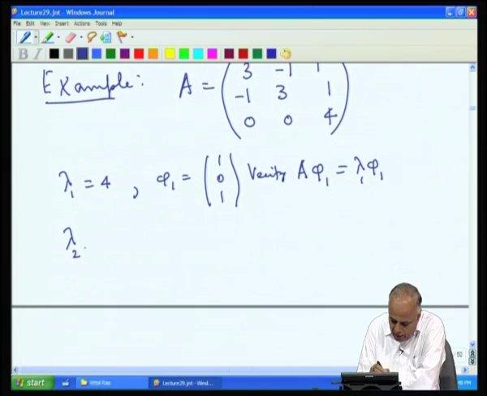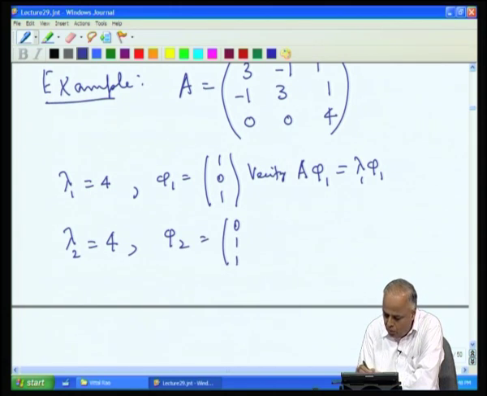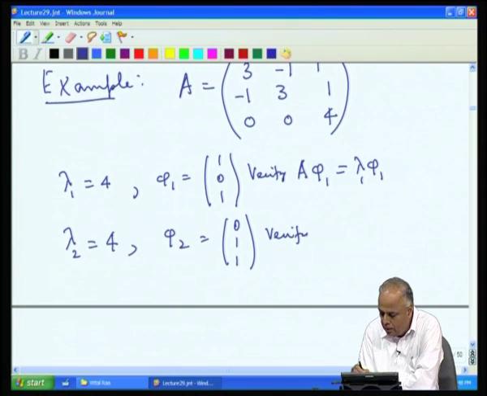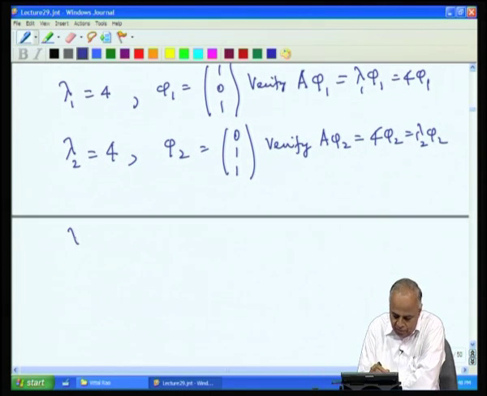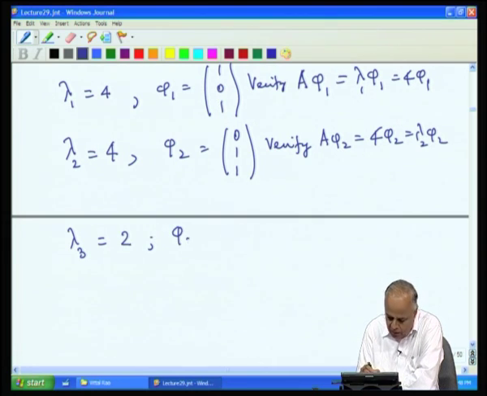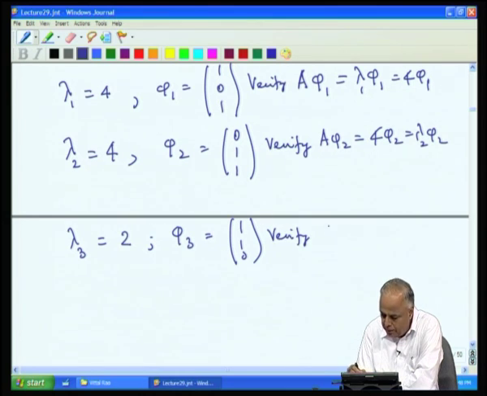Similarly, if we take lambda 2 also as 4 and phi 2 as 0 1 1, we can verify A phi 2 is again 4 phi 2, which is lambda 2 phi 2. And finally, if we take lambda 3 equal to 2 and phi 3 equal to 1 1 0, we can verify that matrix A multiplying phi 3 gives us exactly 2 phi 3, which is lambda 3 phi 3.